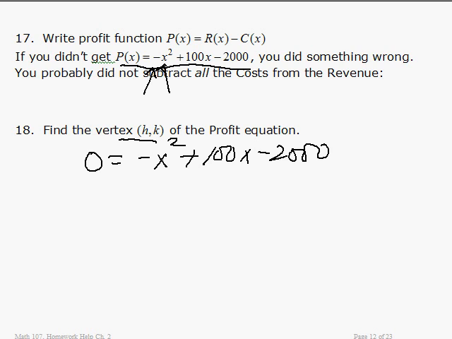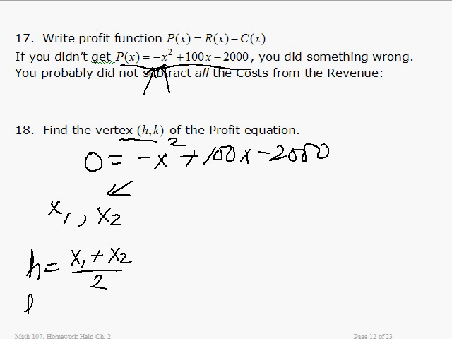You need to find the vertex. There are two ways you can find the vertex fairly easily when the equation is in this form. One way is you can find the roots. That means you can solve for 0, and you can find your x1 and x2, fine, and then you can go back through this x1 and x2 and average them, and that will give you your h, and then you put the h in the equation and you get k.